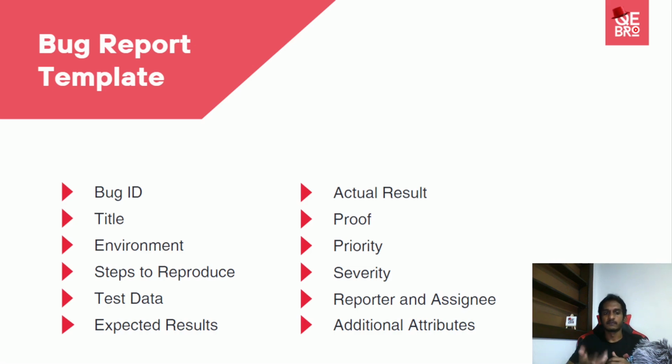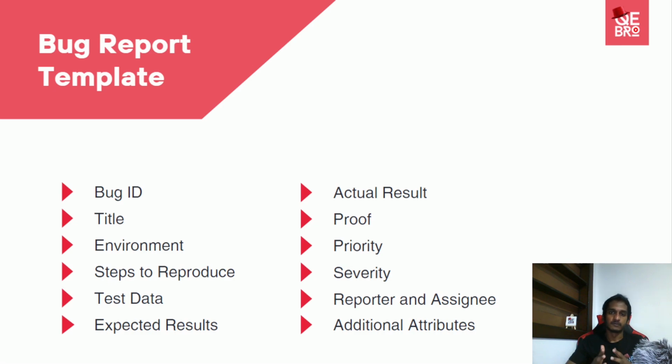If you can give the credentials, the username and password, it will be very easy for the developer. Otherwise, he will have to create a user, or go through all the existing users and identify a machine user. So you can save his time by sharing these credentials as well.